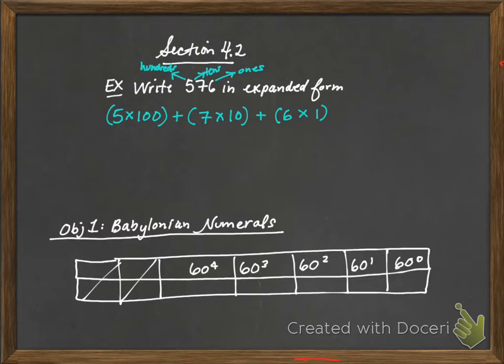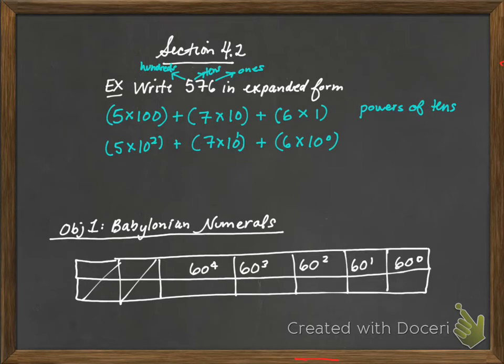If they want you to write it in terms of powers of 10, and the reason I'm using powers of 10 is that our numerical system is based off of 10, I would write this as 6 times 10 to the 0 plus 7 times 10 to the first plus 5 times 10 squared.